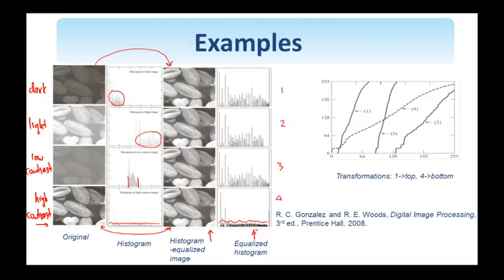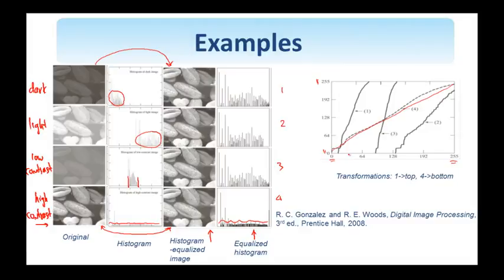Starting with 4, and in accordance with the comment I just made, this is almost the identity transformation. This is 0 to 255 here, and 0 to 255, so it's the complete transformation. The histogram was almost flat, therefore very little change took place.